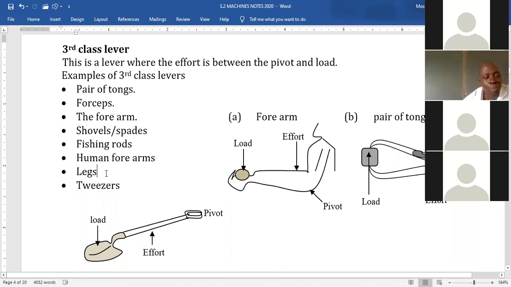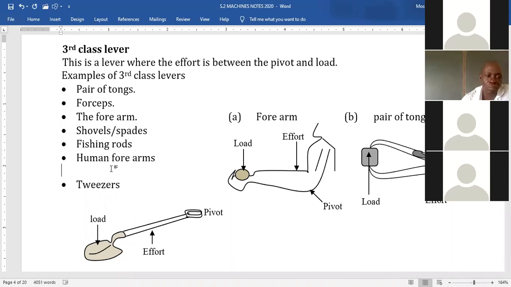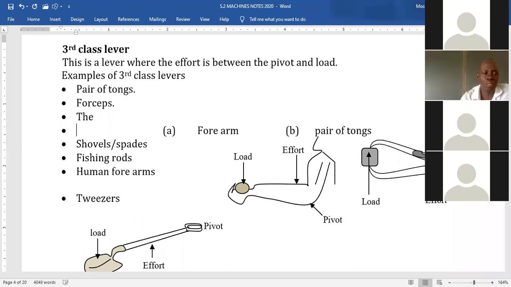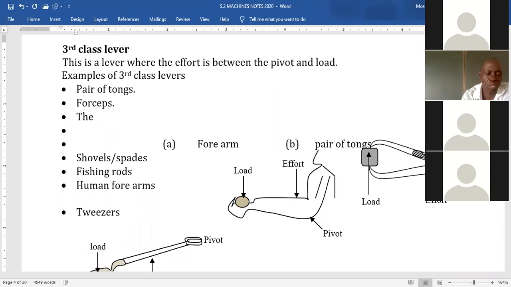It depends on where I apply the effort. Okay, so I'm removing them. Even the human arm is not a machine because it depends on where I apply the effort. It appears twice. Thank you.